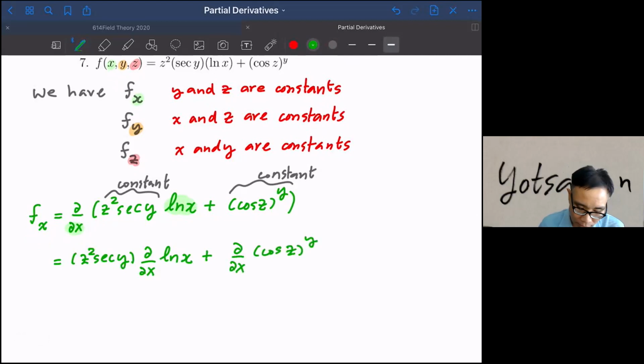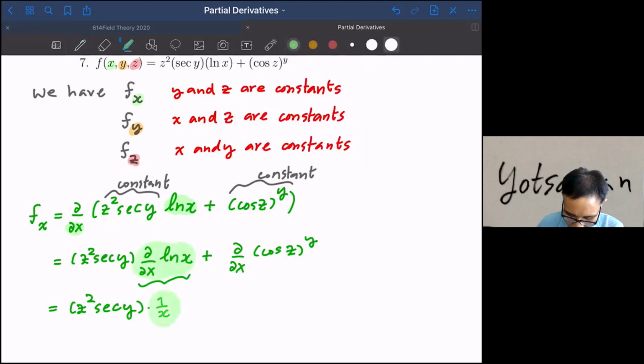When you differentiate log x, it gives you 1 over x, and you just copy the front term down, so it's gonna be z square sec y times 1 over x. So this guy is just this term.